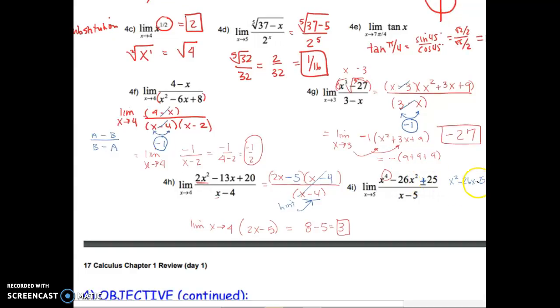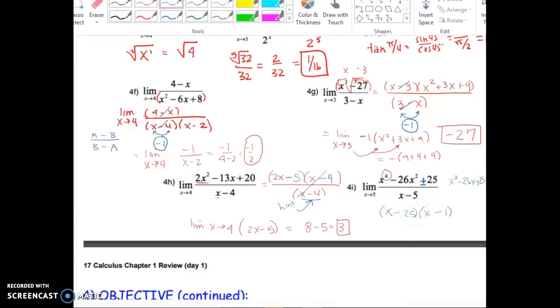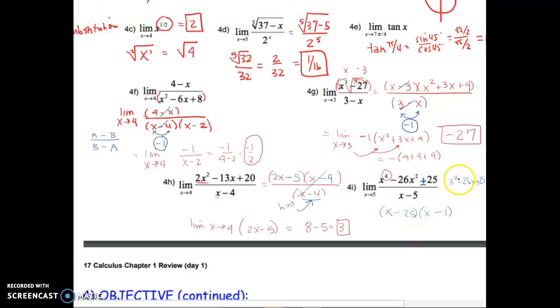Okay, if that were x squared minus 26x plus 25, you could easily factor it into x minus 25, x minus 1. Okay, but it's not. We've got x to the 4th. So if this is a 4th and that's squared, all we're going to do is put a squared in there, a squared in there, and now that's properly factored all over x minus 5.